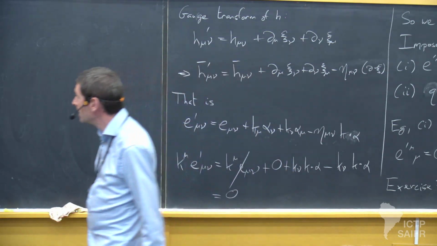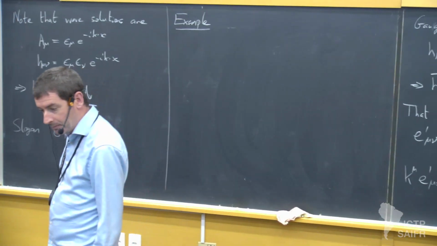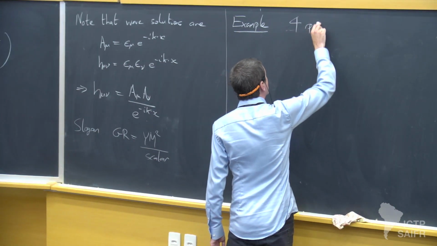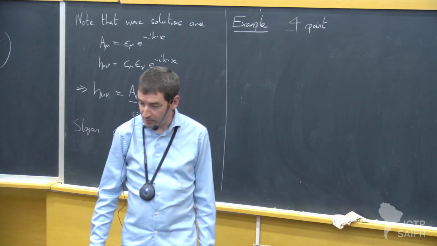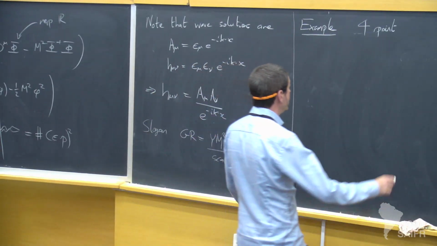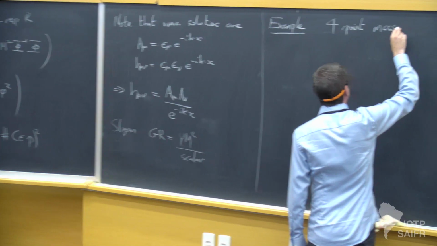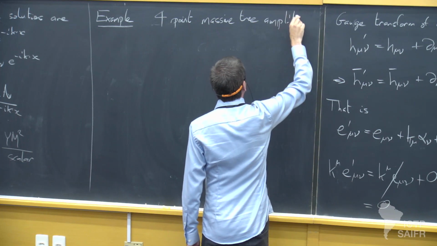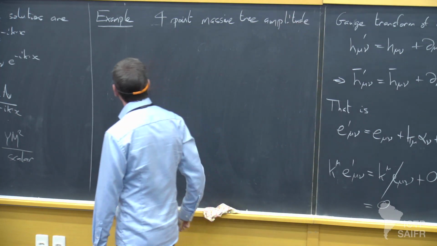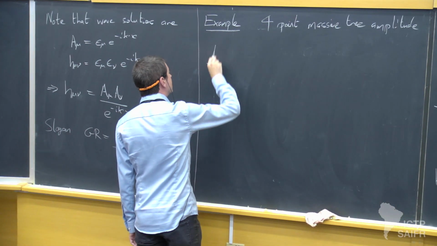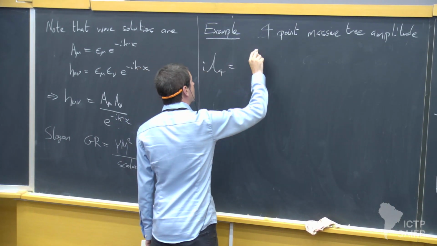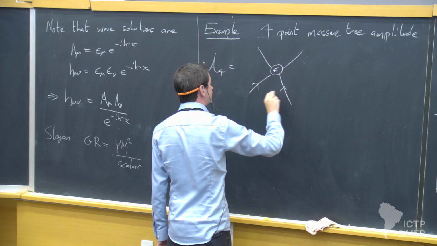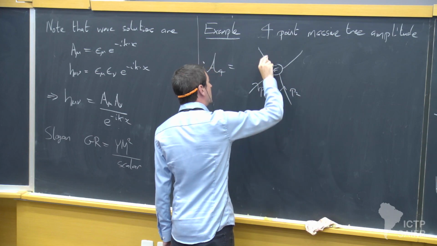Okay, so this example I want to talk about, just to explore what's going on with the states in the double copy, is a 4-point massive tree amplitude. So what I mean here is I'll have an amplitude with two particles coming in, two particles going out.